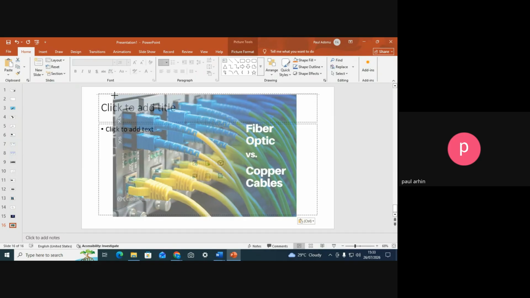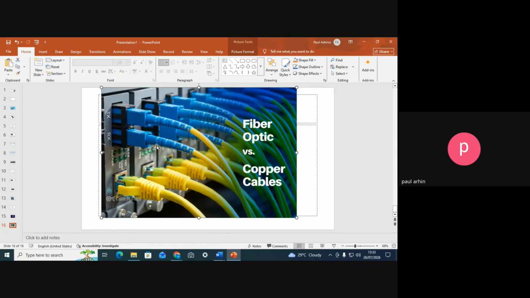So look at this one. We have these ones here. These are the fiber optic cables. Yes, very, very powerful. Now, these may be the ones serving as bringing the network in here.